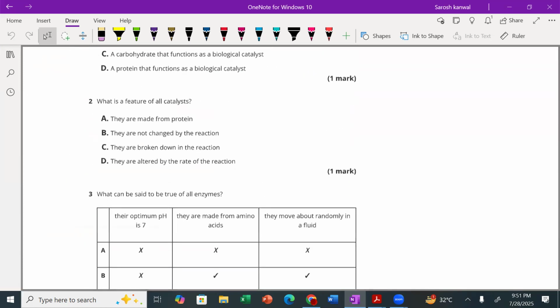Okay, question number 2 is for Laiba. Mom, the answer is B. Laiba, is that B or D?